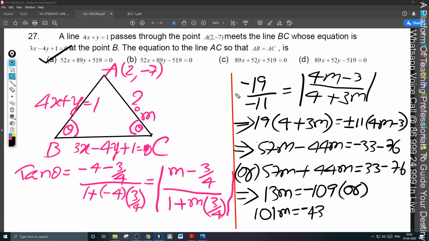This is minus 8, please. You're right, Ravi sir. This is minus 8. So this becomes 8 now.